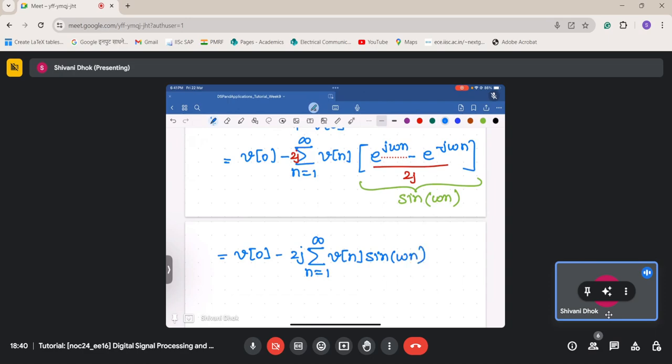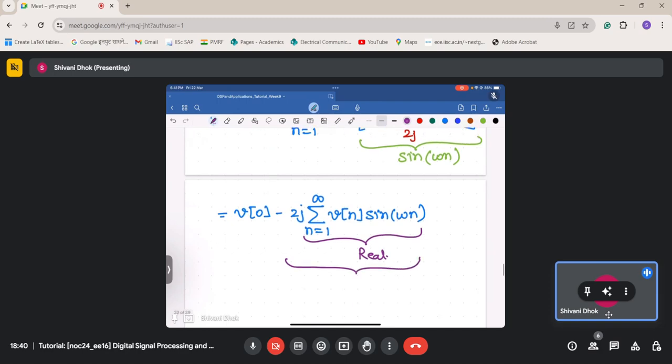Okay, so the assumption is that v of n is a real function, so v of n into sine of omega n is a real function, which makes this particular factor imaginary.